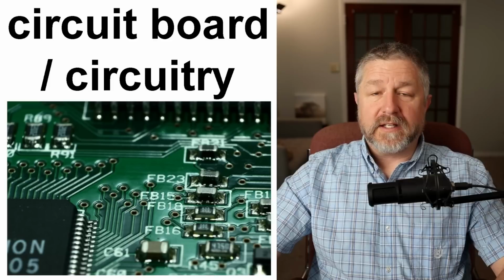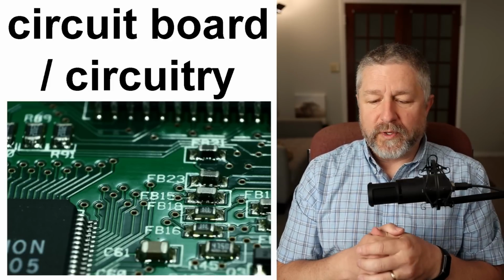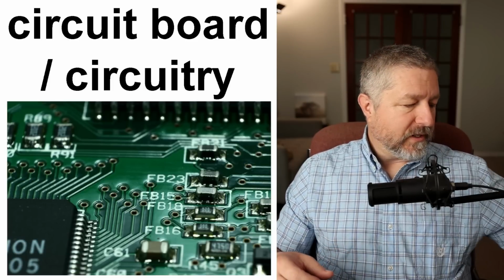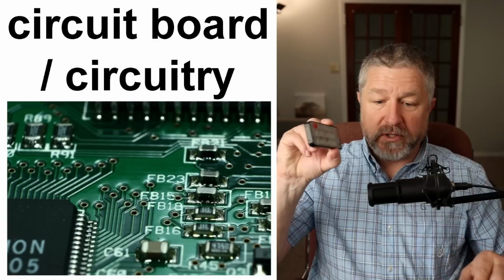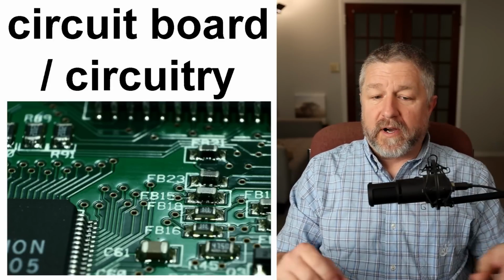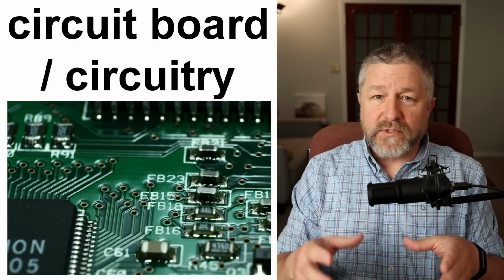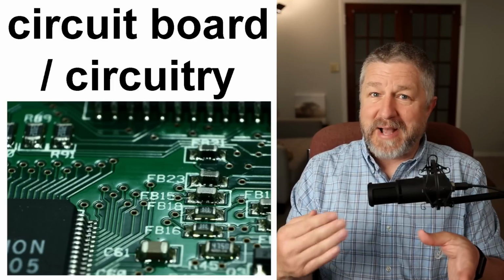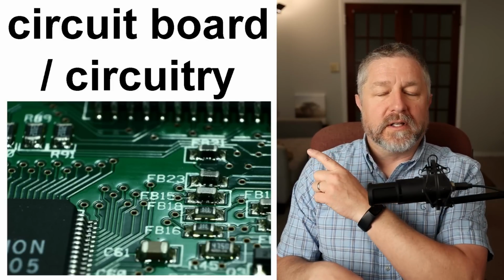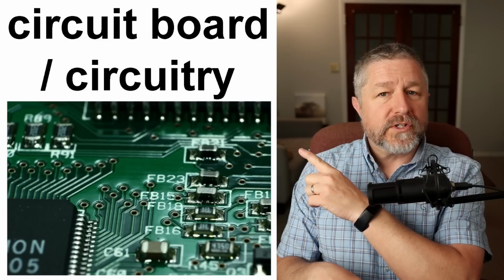There are a lot of things these days that have a circuit board or circuitry inside of them. A circuit board is something you find inside of a remote control. You would find a circuit board inside of a phone. You would find a circuit board inside of almost anything that takes batteries, probably has a circuit board in it. Again, we call it a circuit board or circuitry.